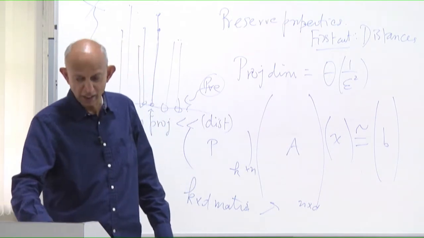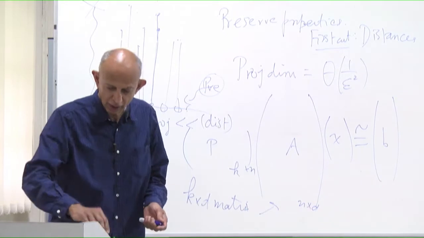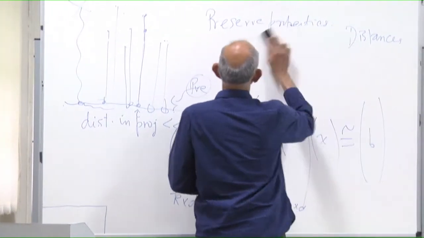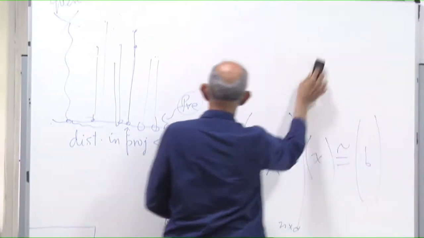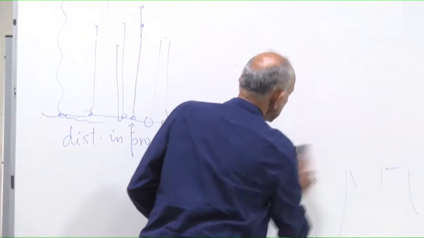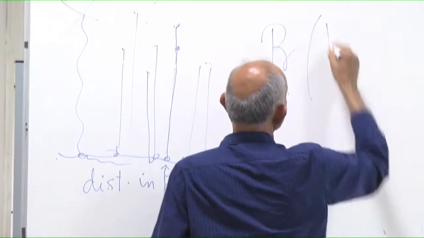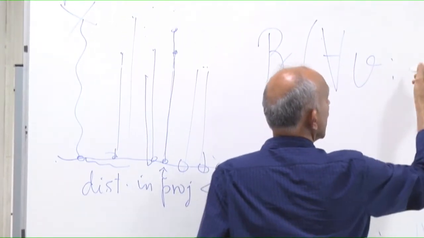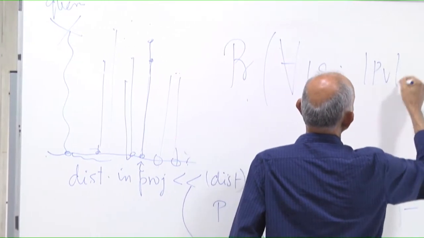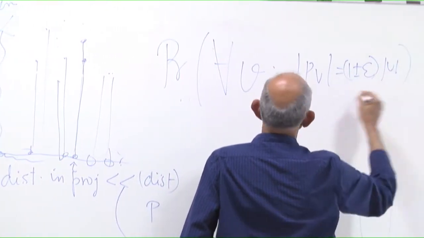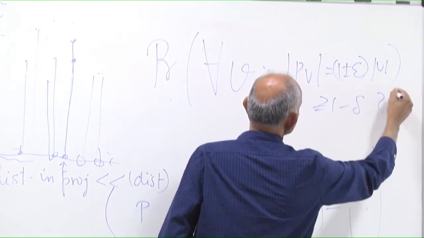So what if instead I say that the probability that for all v, Pv is 1 plus or minus epsilon of v is greater than or equal to 1 minus delta.